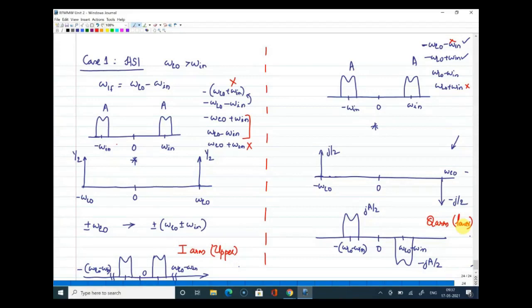Lalit, it is very simple. You have impulses at plus and minus omega LO, and since you are doing a mixing operation, you will get omega LO plus or minus omega in as a result of mixing, with both signs, because you have impulses at both plus omega LO and minus omega LO.